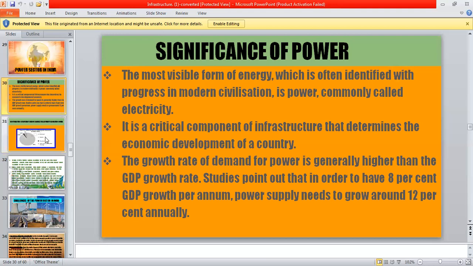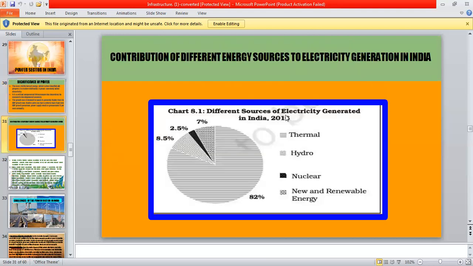If we represent the same thing by means of a pie chart, this is the data which has been given in 2016, and it is mentioned that around 82% of the electricity generated in India is thermal energy. Then you have 8.5% as hydroelectric, 2.5% is nuclear, and 7% is new and renewable energy sources.